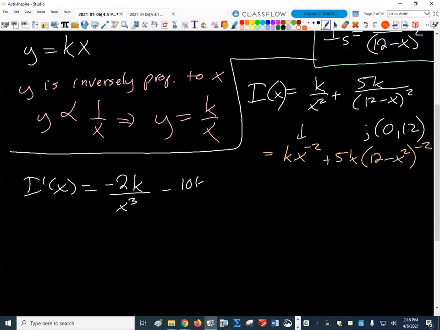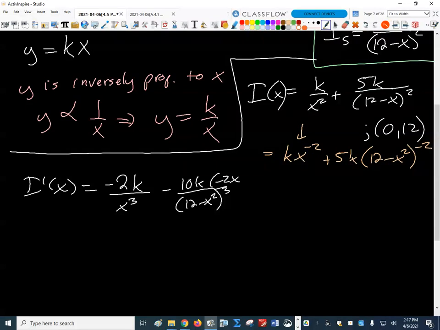That's supposed to be a k. So it's over 12 minus x squared cubed, right? Because the derivative of the quantity to the negative 2 is negative 2 times the quantity to the negative 3 times the derivative of the quantity, which is going to give us a negative 2x, right?